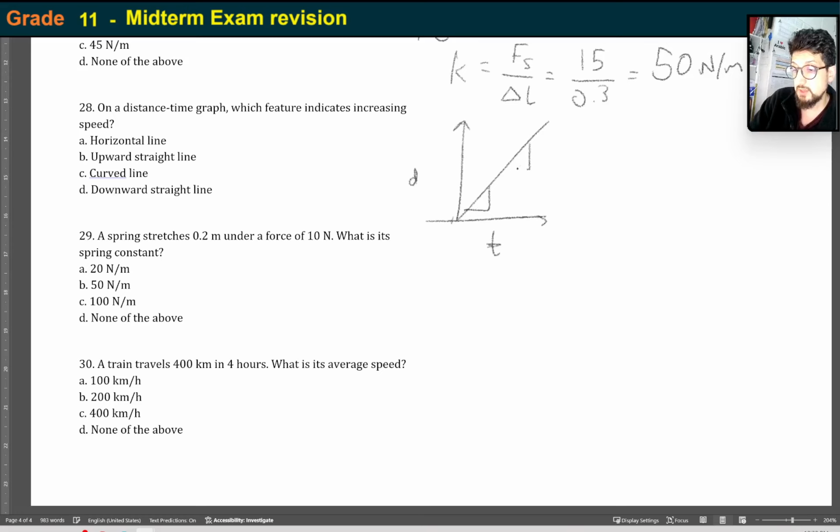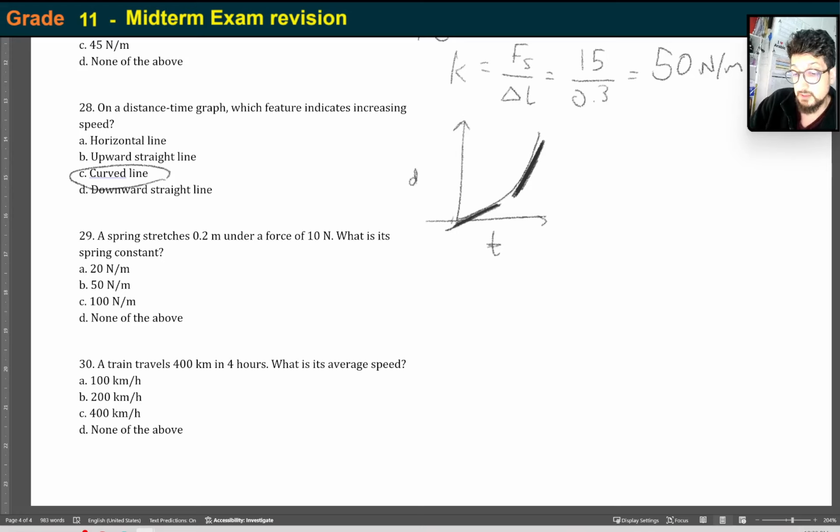The slope here is the same as the slope here, and it doesn't change. So the velocity is the same. But if I want the velocity to change, I want it to be curved. A curved line shows this here is not the same as this here. So obviously now there's acceleration, a change in velocity. So a curved line is what we're looking for.